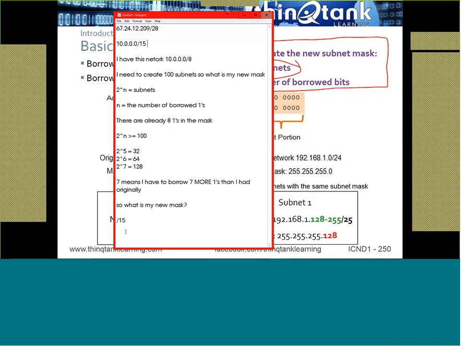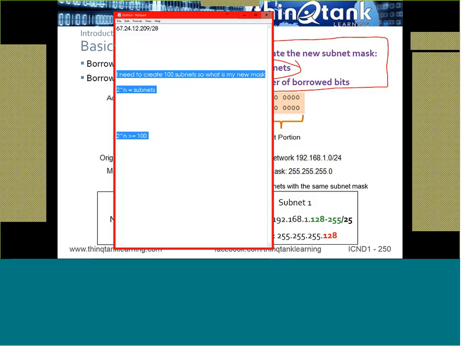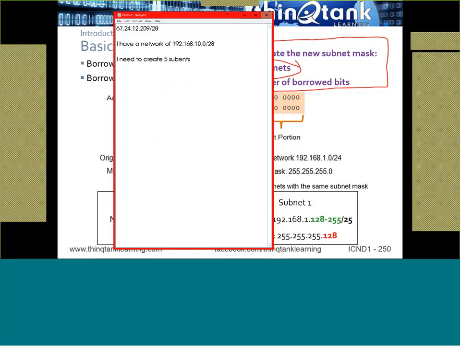All right? So let's do a couple more examples. I have a network of 192.168.10.0/28. I need to create 5 subnets. Now, is this classful or classless? This is classless.